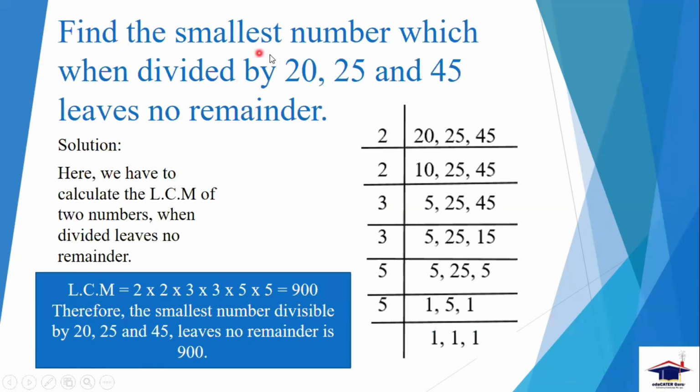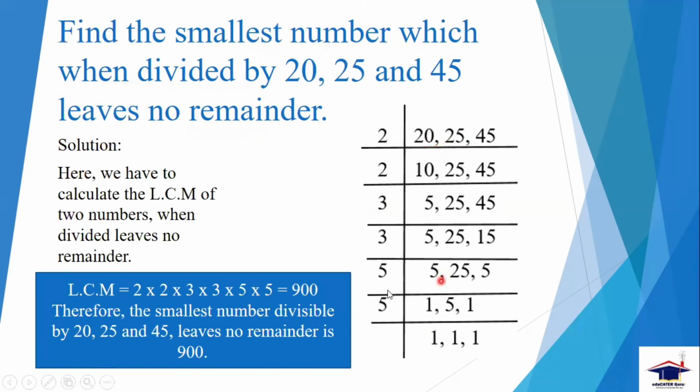Next, find the smallest number which when divided by 20, 25 and 45 leaves no remainder. Finding the smallest number means you have to find the LCM of these numbers. That's all, and the remainder should be nothing. Using the division method, we find the LCM of 20, 25 and 45.